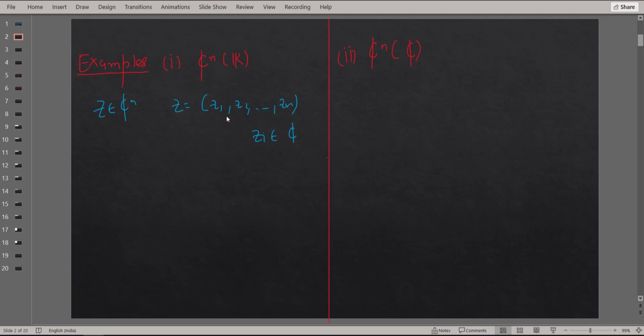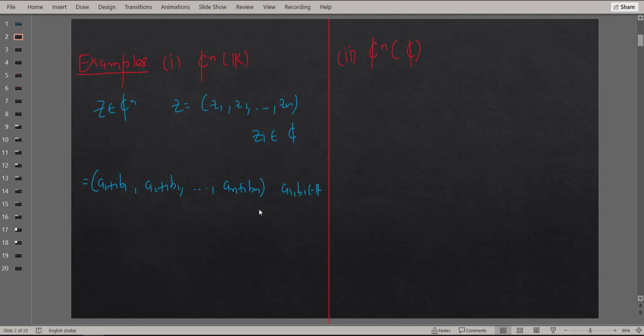Here the field is real numbers, so we express Z1, Z2, ..., Zn in terms of real numbers. So Z1 can be written as a1 plus i b1, Z2 as a2 plus i b2, and Zn as an plus i bn, where each ai, bi comes from real numbers.